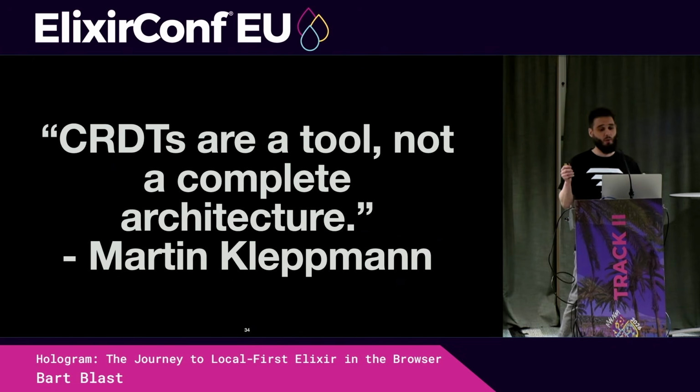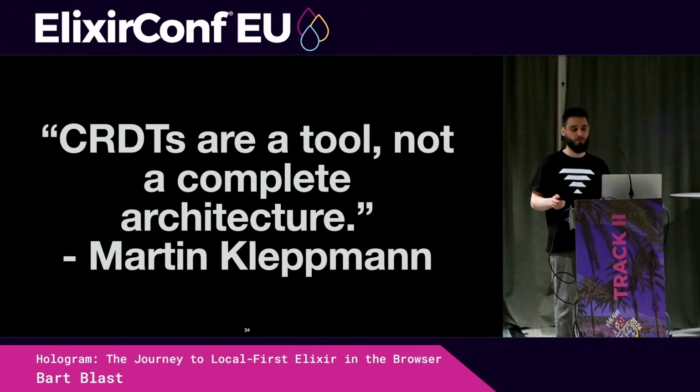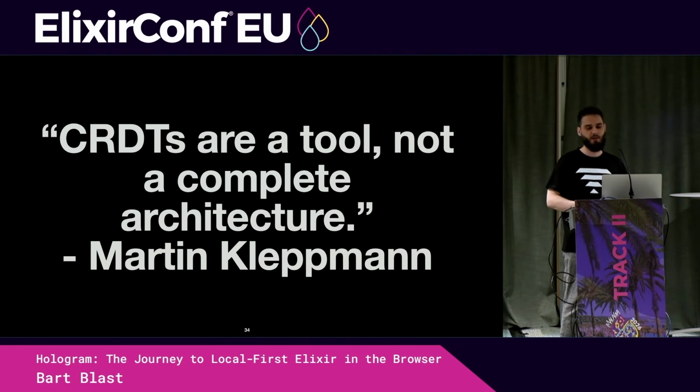So what actually ships in production? Hybrids, server authoritative for business logic and invariance, CRDT flavor for collaborative text, presence, rich text, things where automatic merge earns its keep. So those are the design questions.